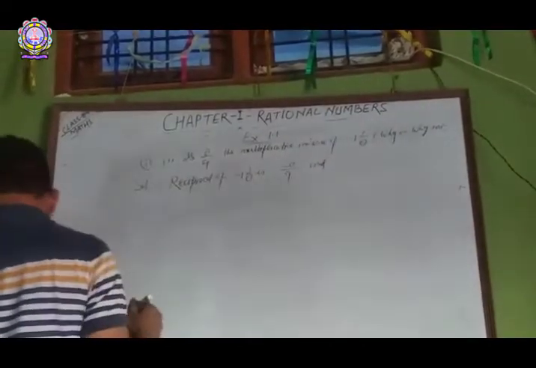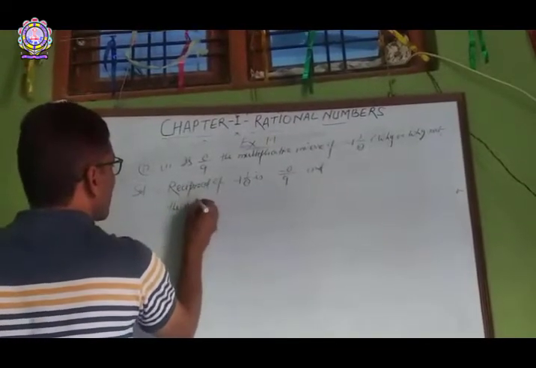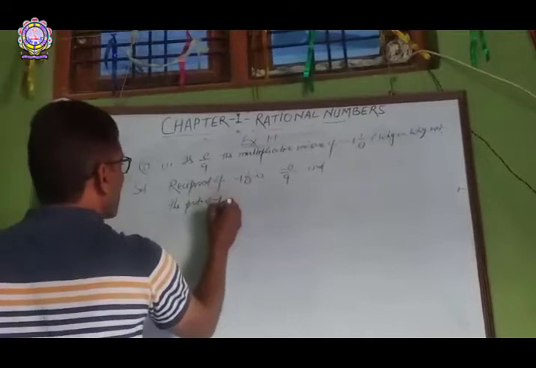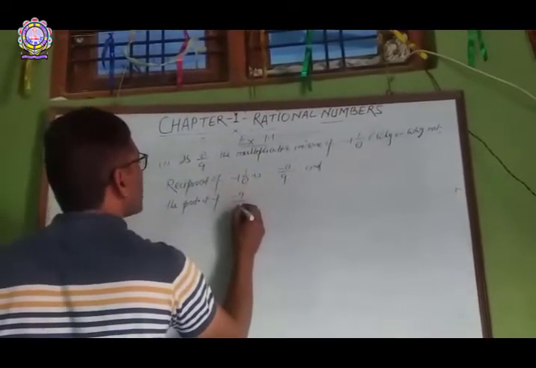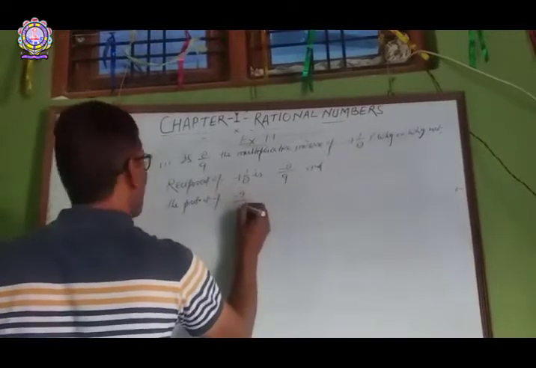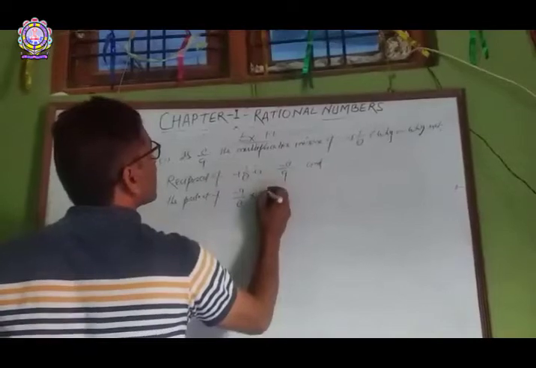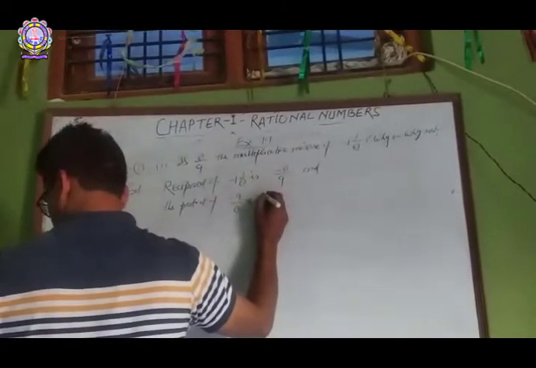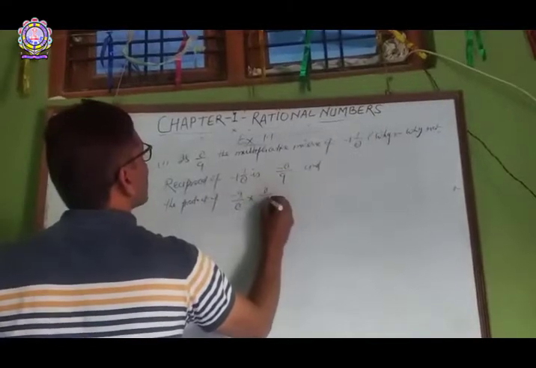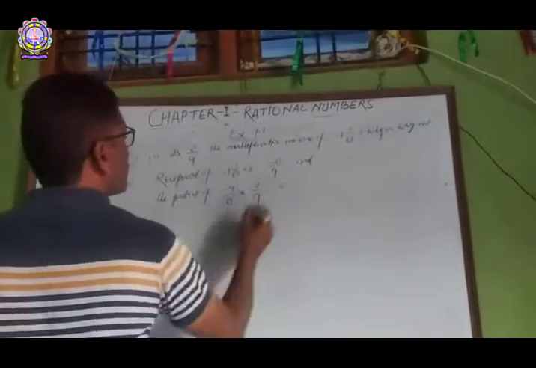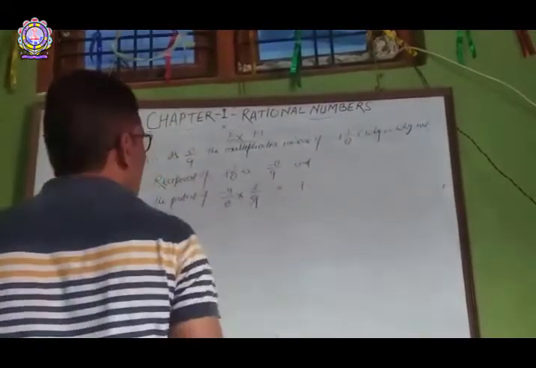And the product of minus 9 upon 8 and 8 upon 9 is equal to minus 1.